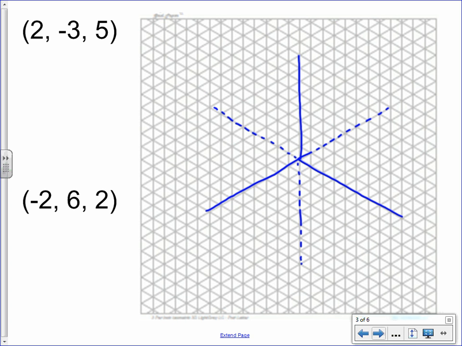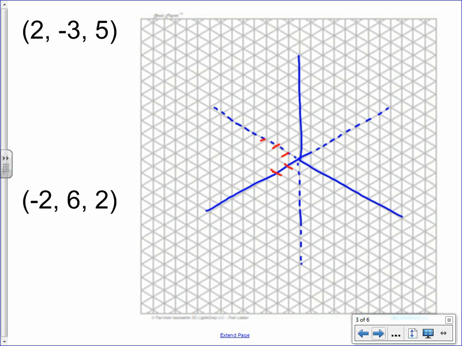Okay. 2, -3, 5. What I want you to do when you plot these points is make a rectangle with your XY coordinate and then move it up or down for the Z. So X is 2 would be here. Y is -3 would be here.